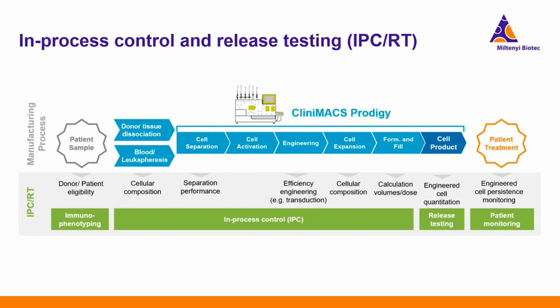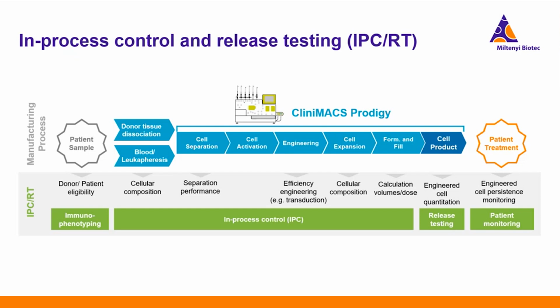But of course, the manufacturing process goes hand in hand with the analytical procedure in order to finally qualify the final cell product. So for these, different assays have to be performed for in-process control and the release testing of the product.